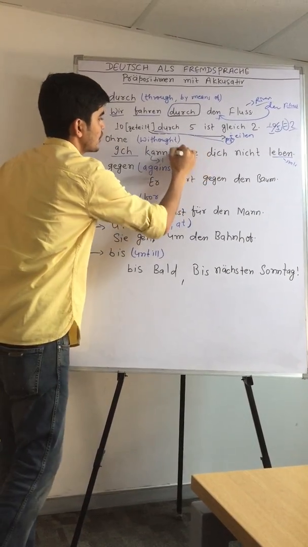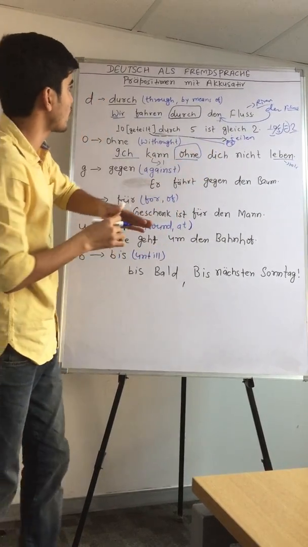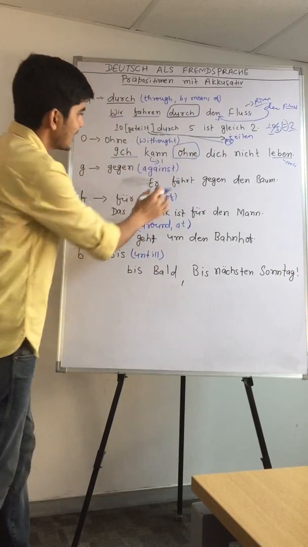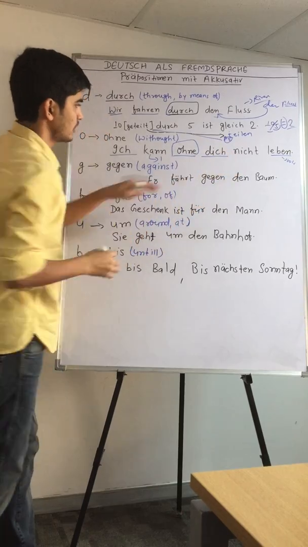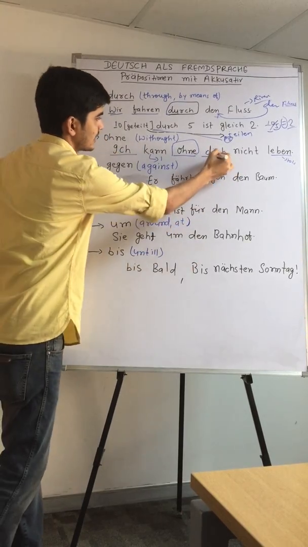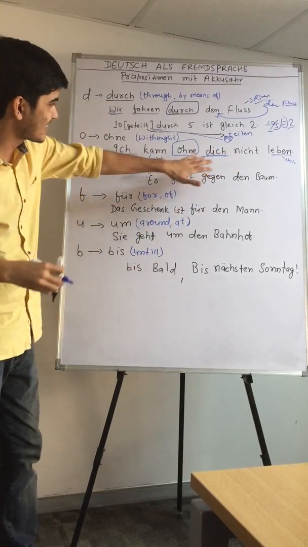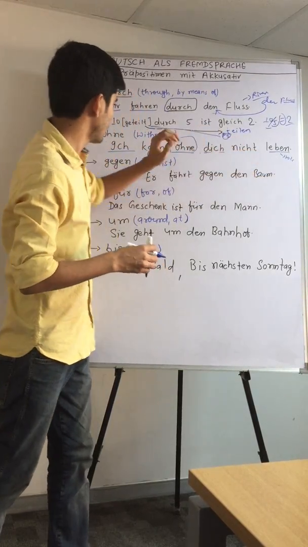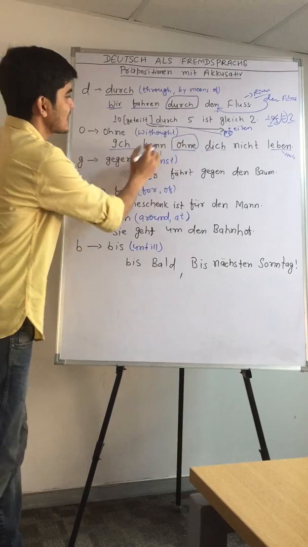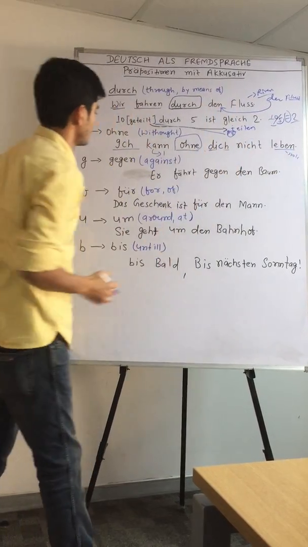Ohne is our preposition, an accusative preposition. So in case of an accusative preposition, it takes the accusative pronoun, that is dich. I cannot live without you. Ich kann ohne dich nicht leben.